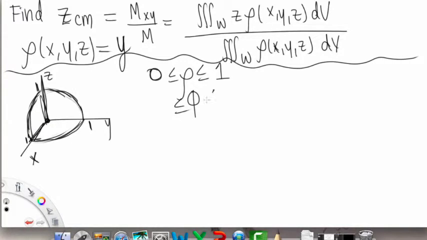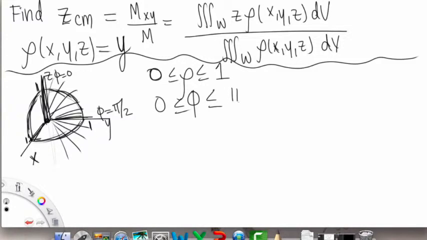And then we'll look at phi next. Phi starts at the top here, and it goes from phi equals 0 all the way down to here, where phi equals pi over 2. See how if we go any lower, it's going out of the region? So that goes from 0 to pi over 2. And then let's look at theta.